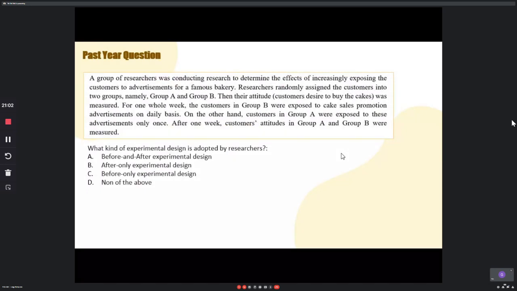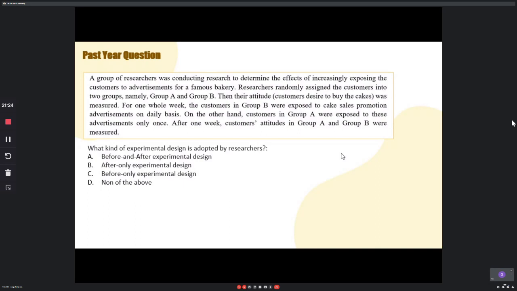A group of researchers was conducting research to determine the effects of increasingly exposing the customer to advertisement for a famous bakery. Researchers randomly assigned the customers into two groups, group A and group B. Then their attitude, customer desire to buy the cakes, was measured.